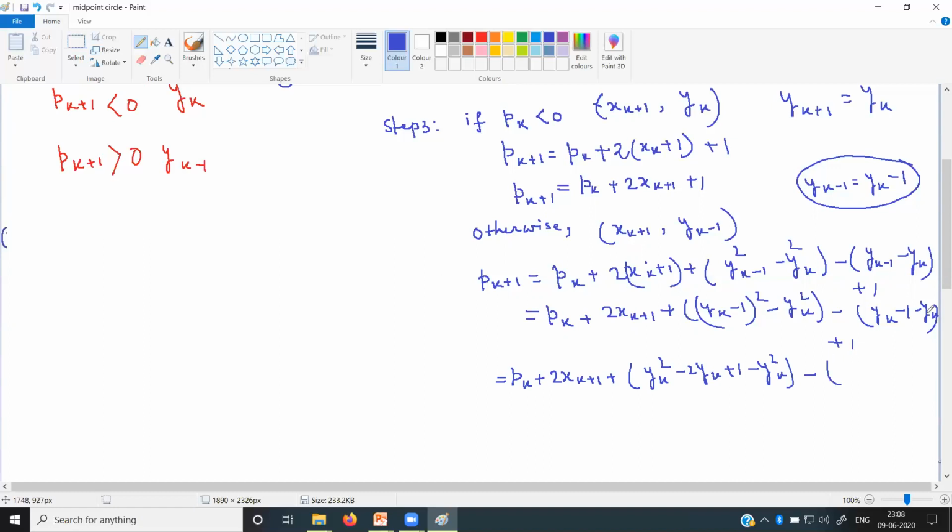These two terms get cancelled, and the yk terms also cancel. So this is minus 1, which makes it plus 1, then plus 1. I think it is clear now. Just check it.